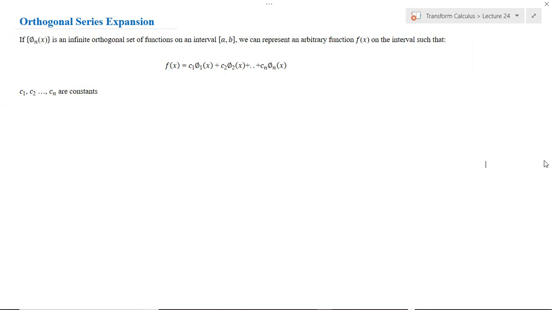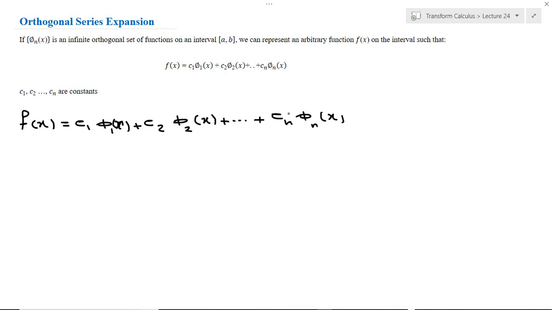In order to find these constants, we can have the same process that we had for the vector. So we can say that f(x) is equal to c1 phi 1(x) plus c2 phi 2(x) plus so on up to cn phi n(x).